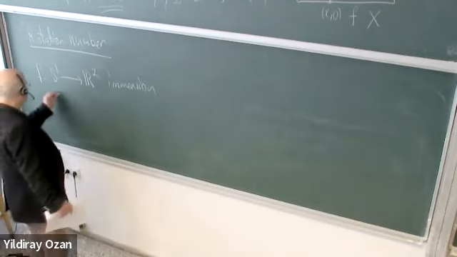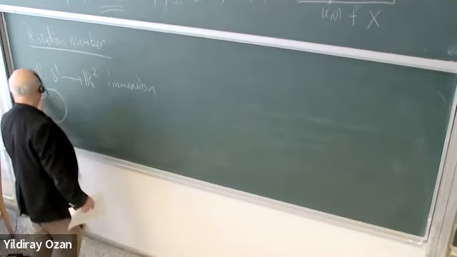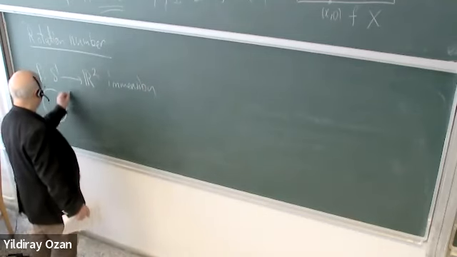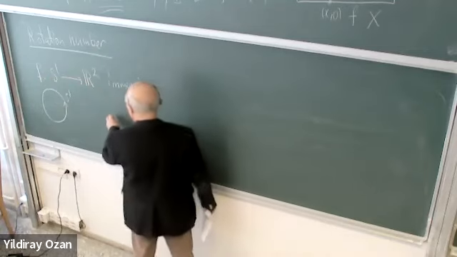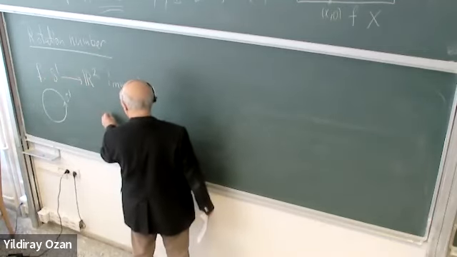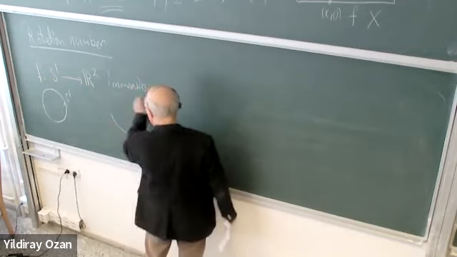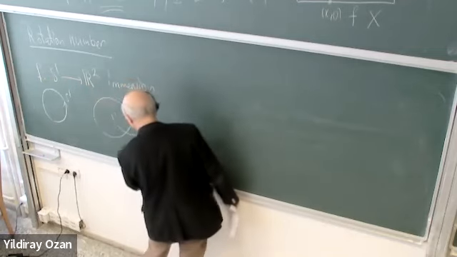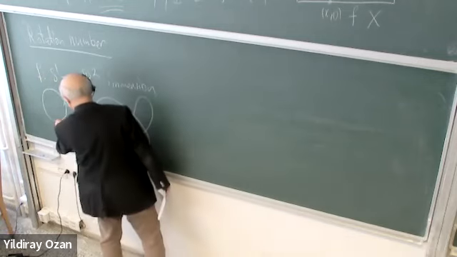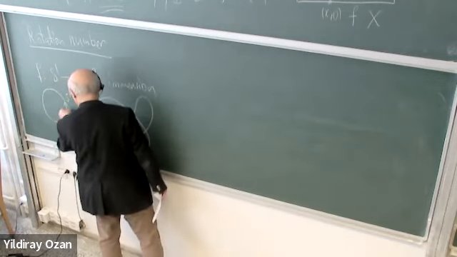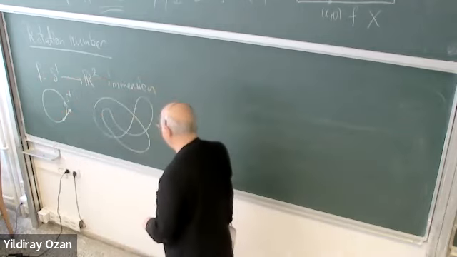So it corresponds to the following. You have this circle, and its image is something like this. At each point, you have this tangent direction.